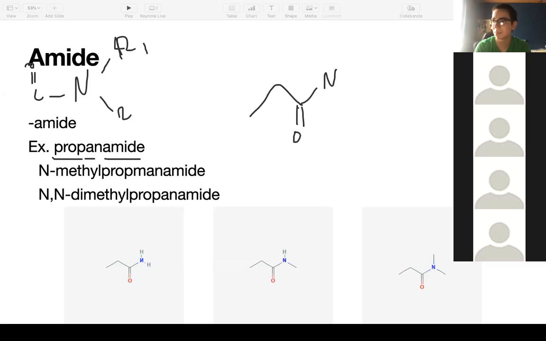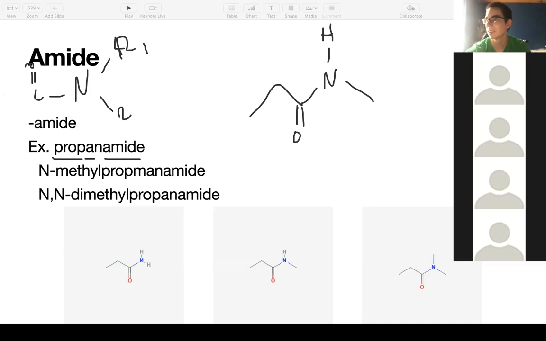What do you guys think that means? We have a methyl group. Where is it attached? It's attached to the end, so there's an extra line there. So we have a methyl group sticking out of the N, and our nitrogen is also attached to another hydrogen.